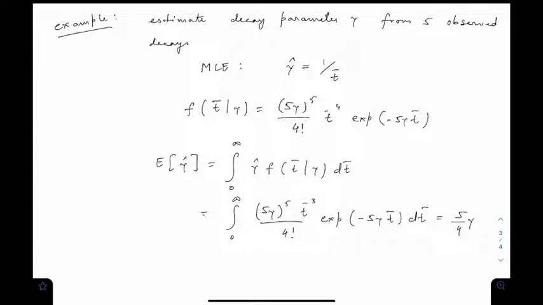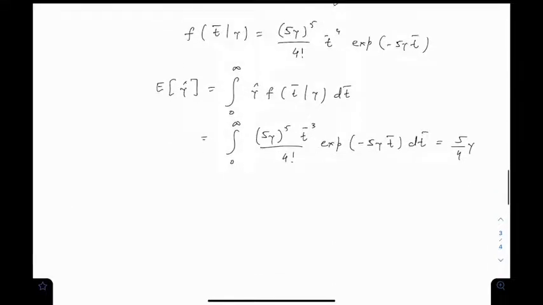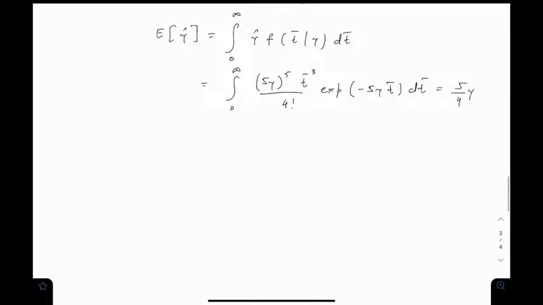So when a large number of similar experiments with 5 observed events are performed, and the maximum likelihood estimate of the decay time is determined, then the arithmetic mean differs from the true value by 25%. And the bias is gamma by 4.